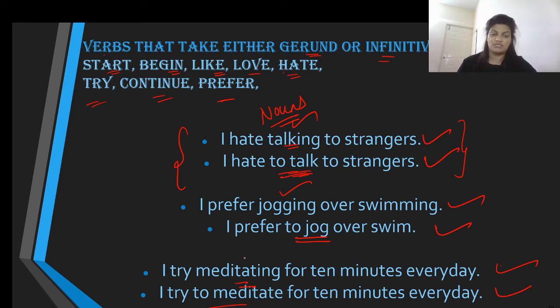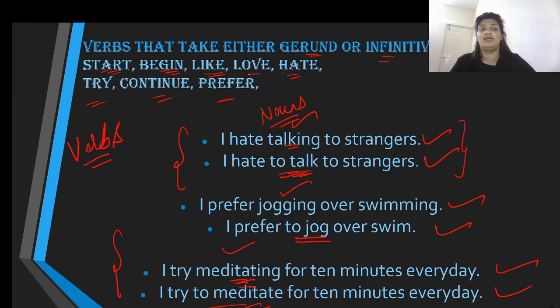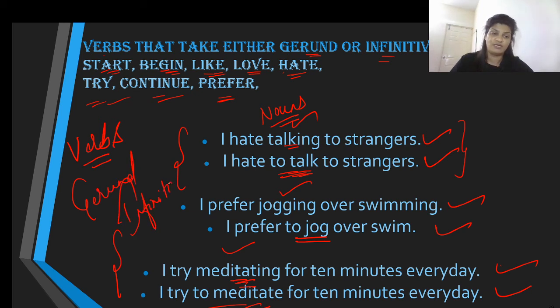Correct again. So meditating or to meditate, both are accepted words, accepted notions and usages. So when you have the words or the verbs like start, begin, like, love, hate, try, continue, and prefer, you can go ahead and use either a gerund or infinitive. All right, both are correct.